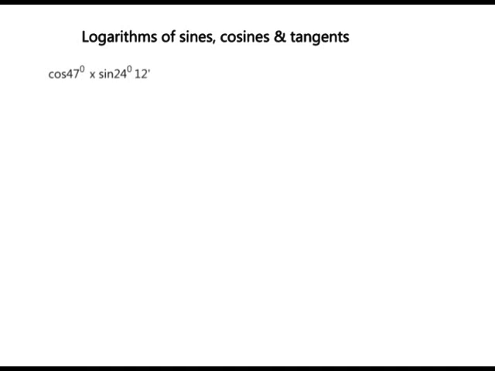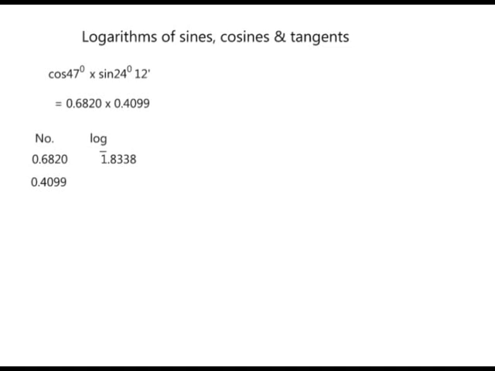In the first method, we first find the cosine of 47 degrees, that is 0.6820. And then the sine of 24 degrees and 12 minutes is 0.4099. We then find the logarithm of these. The log of 0.6820 is 1 bar 0.8338.